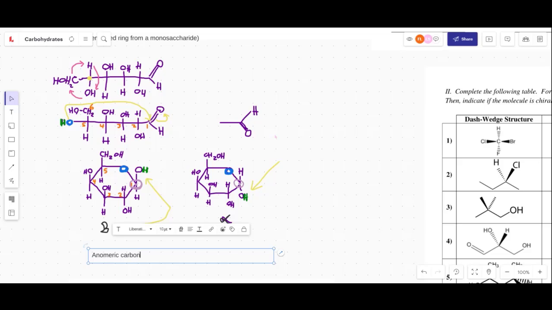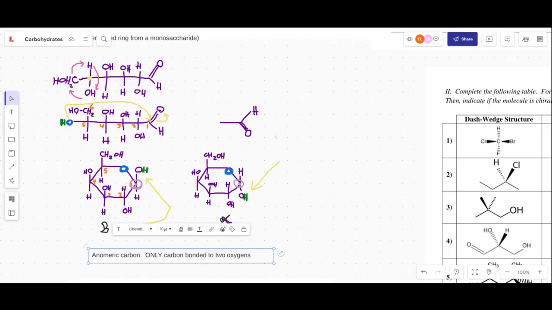And you can always tell the anomeric carbon because it is the only carbon bonded to 2 oxygens. If you look at each one of the other carbons, each is bonded to only 1 oxygen. Carbon number 2, 1 oxygen.